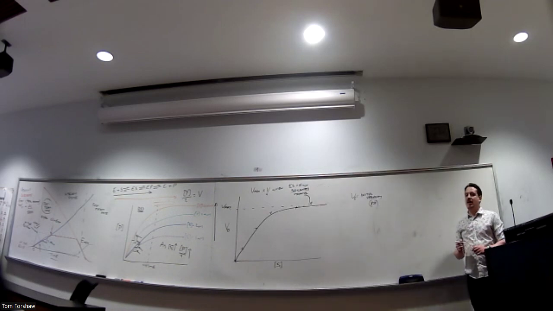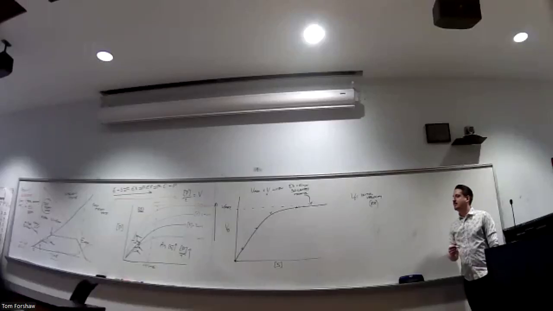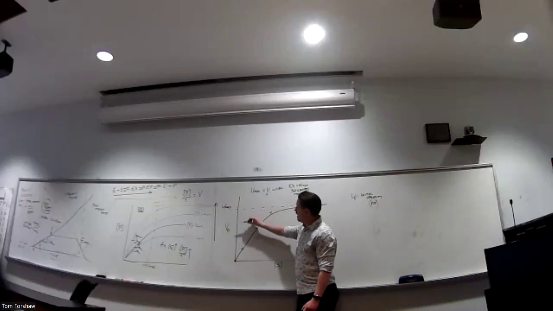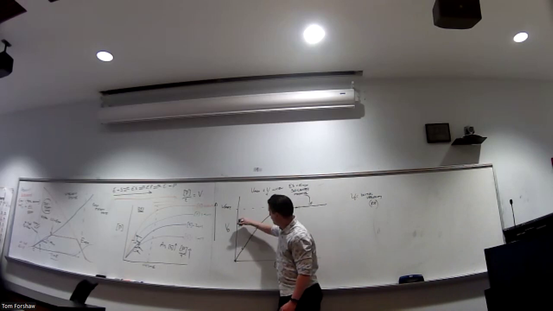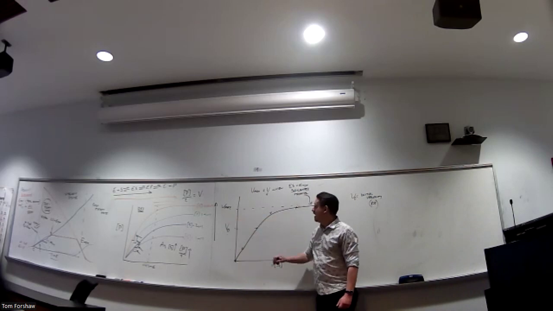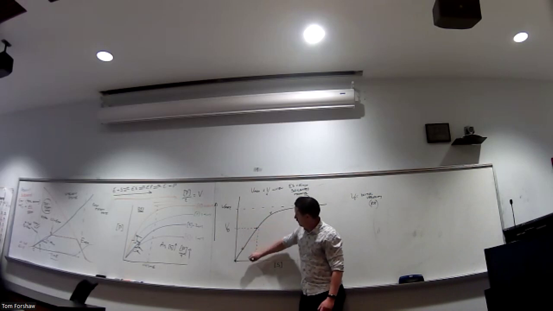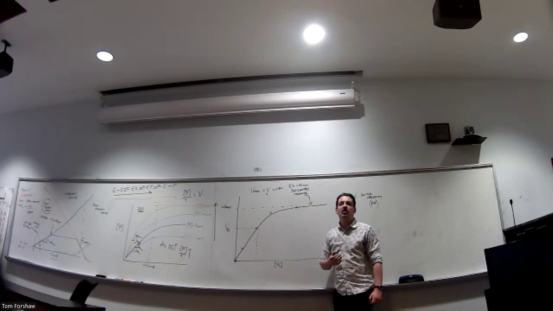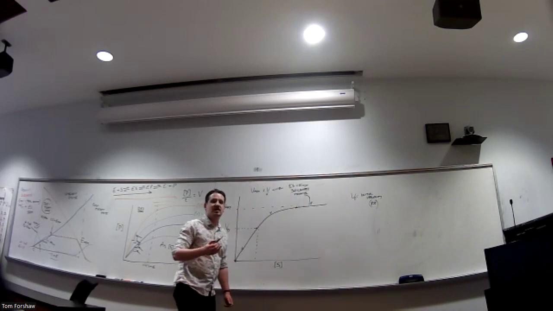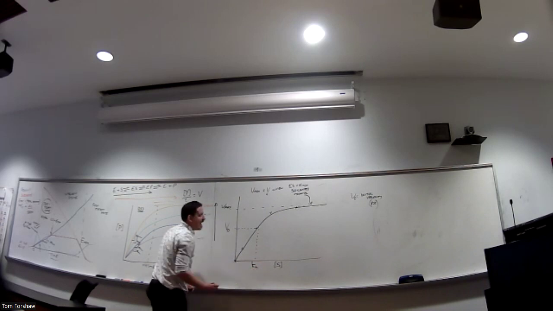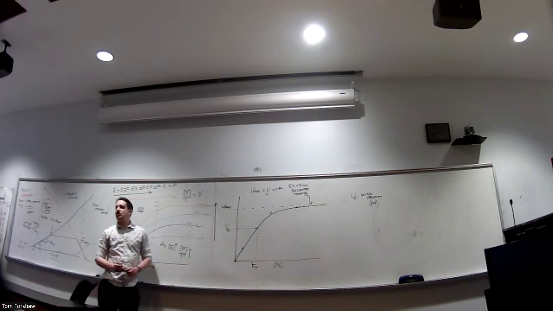We also have a second number. And if we look at the Vmax, if we look at whatever half Vmax is here, and if we look at the substrate concentration required to reach half Vmax, that is a number called Km, which is the Michaelis constant.